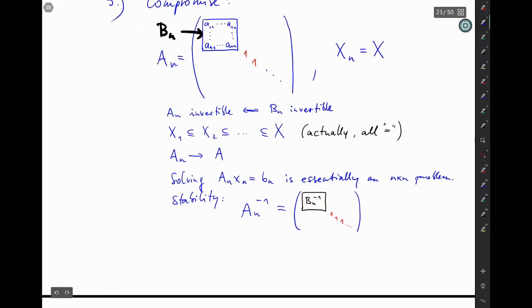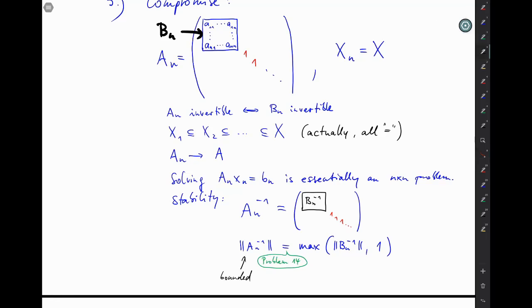You can say that the norm of your inverse is just the norm of the inverses of these n by n matrices, or it's 1 if that is bigger. So it's the maximum of these two, and this is just a block diagonal matrix argument, just like you're using for non-block diagonal matrices in problem 14. So what I'm saying here is that this is staying bounded if and only if that is staying bounded. So indeed, this sequence of infinite matrices is stable if and only if that sequence of finite matrices is stable.